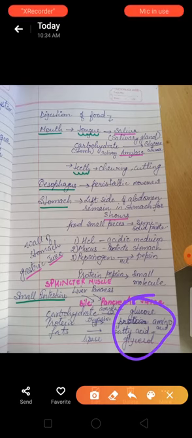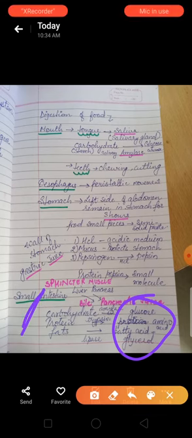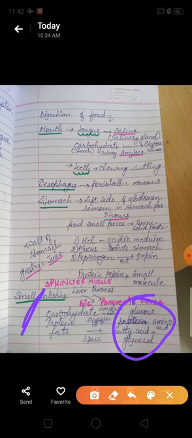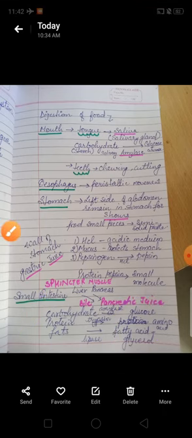Whatever digestion has been completed, from complex to simpler, needs to be absorbed, and this absorption takes place in the large intestine. So the small intestine is that area where complete digestion has taken place. Understood? So with this I finish with digestion of food.